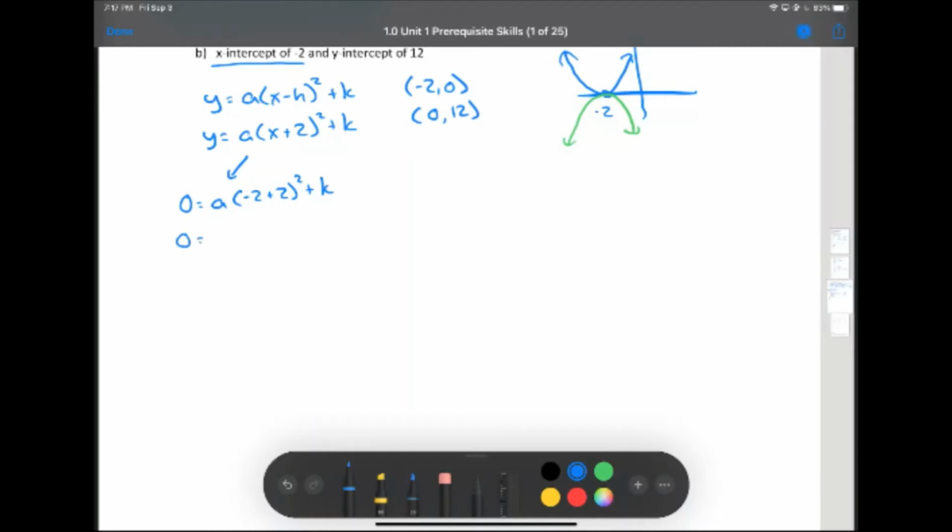Well, actually, that's going to make my life really easy, since that becomes a times 0 squared, which means that k is 0. Wait a second. I know from vertex form that k would have to be 0 because it's not above or below. Remember, if k is positive, it's above the axis, and if k is negative, it's below the axis. Oh, I could have taken such a shortcut there.